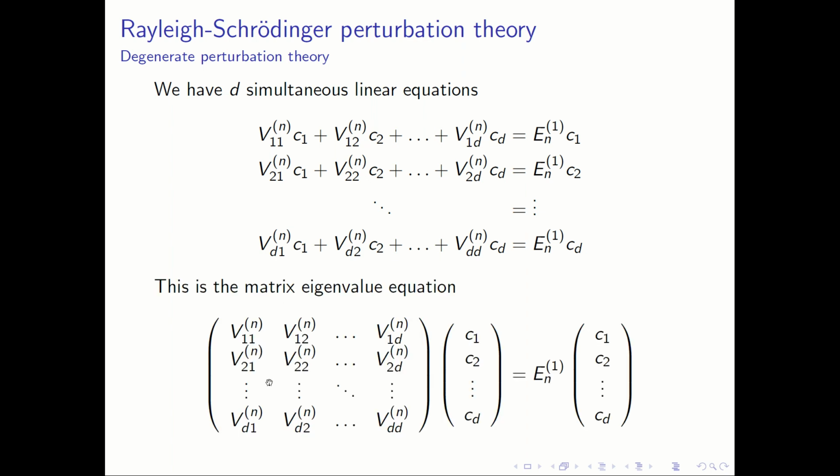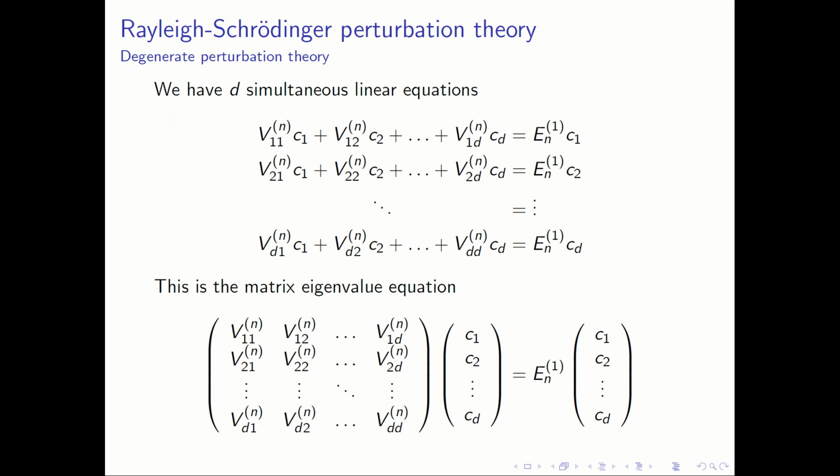You get a matrix made out of just these Vij components acting on a column vector made out of the C1, C2, up to Cd, equal to En1. Remember, the En1 is common to all of these, multiplying C1, C2, up to Cd. And this of course is nothing but a matrix eigenvalue equation.